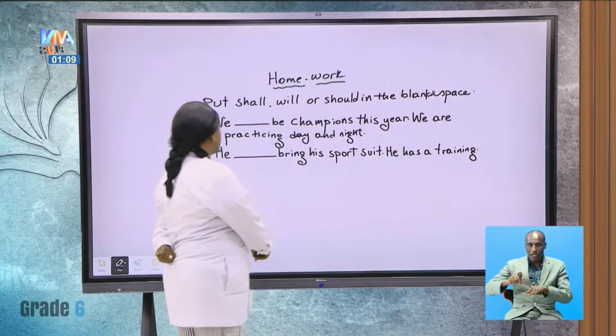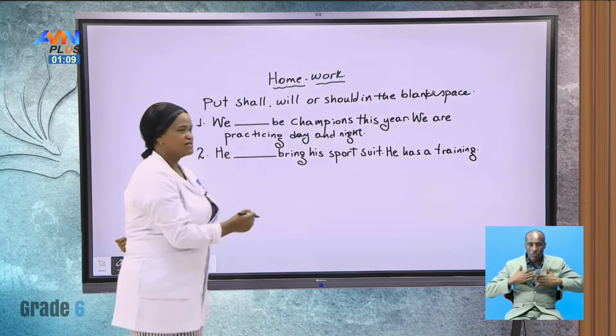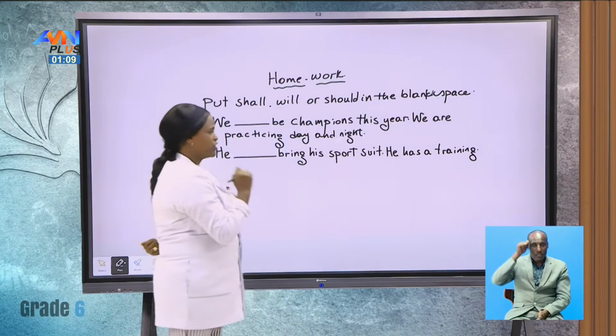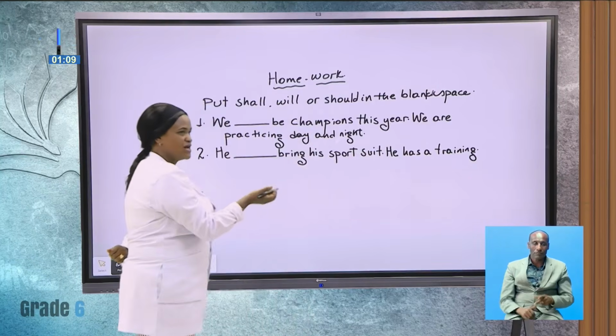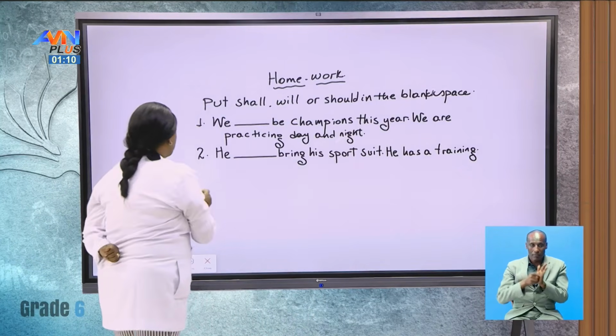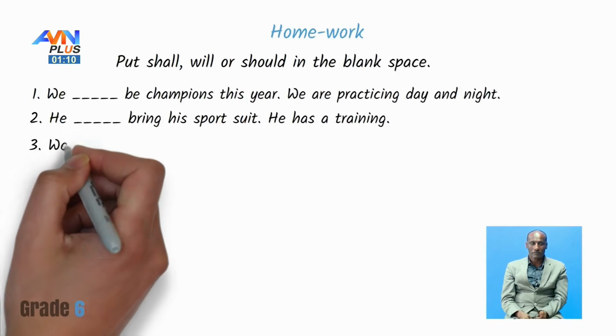Okay, look at the second one. He blank bring his sports suit. He has a training. Be careful on the second sentence. It says he has a training. What does it imply? Let's go to the third and the last one, okay?